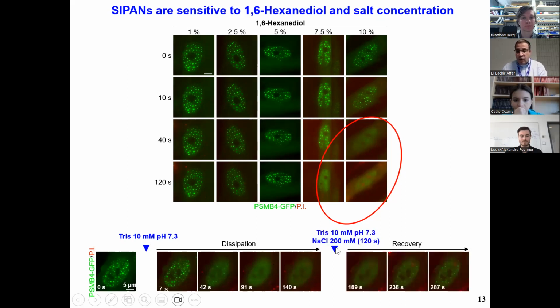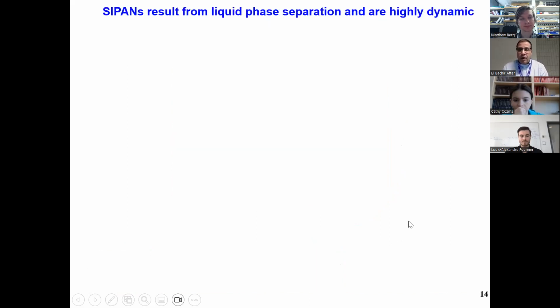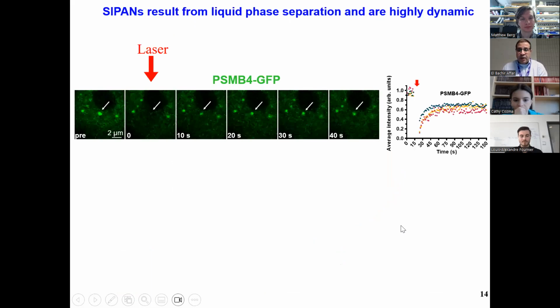In fact, when we put an isotonic buffer, we can see that these foci reform again, and they form in their original location. So these foci are very dynamic, and they have all the characteristics of a liquid phase separation process.